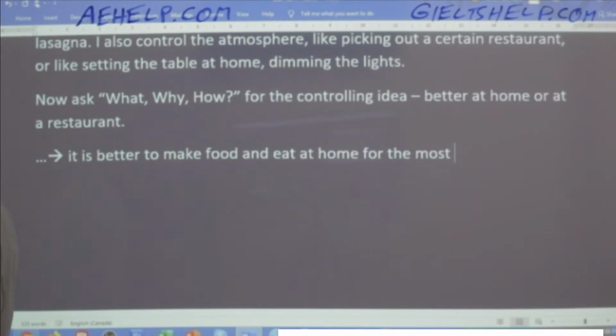Now, of course, once you've trained yourself, all of these steps only take 3-4 minutes in the actual official IELTS to get to this point, okay? So it is better to make food and eat at home for the most part.